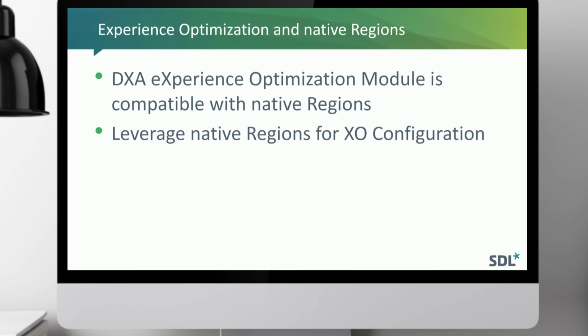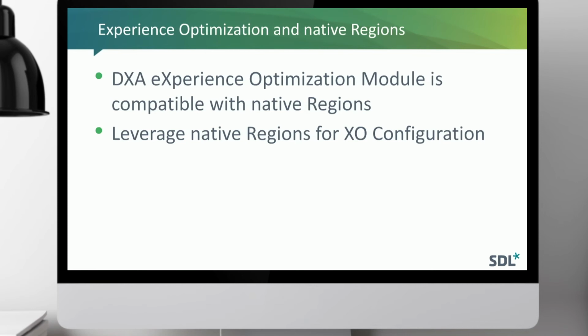And so you can already now create a region which you then configure to use in the DXA experience optimization module, configure as an experience optimization region. So you can still put in the fallback content in Content Manager, but still experience optimization will also kick in to find applicable promotions. And so that is already a combination that's going to work in Site 9.